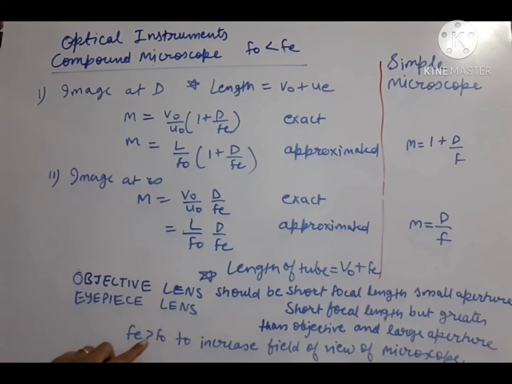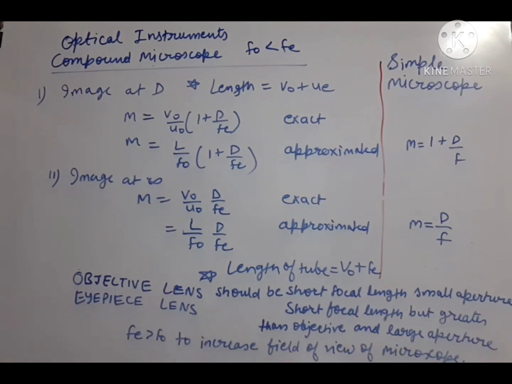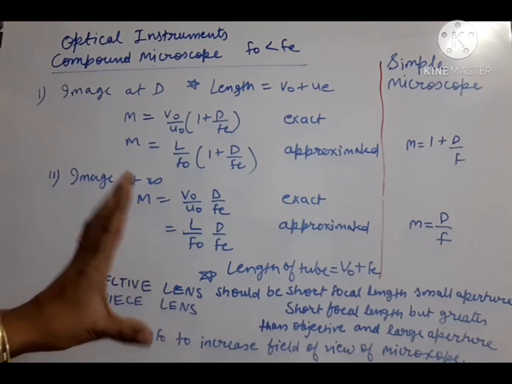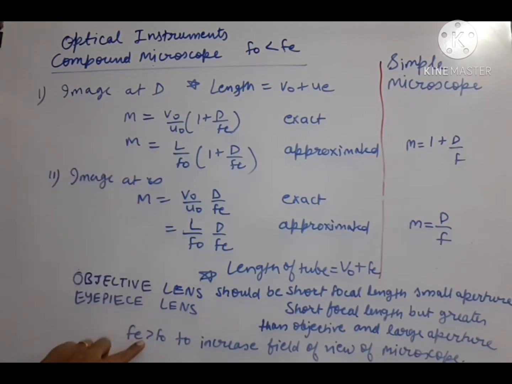Okay, so why FE is kept greater than FO? Its answer is to increase the field of view of microscope. Okay, eyepiece lens is only seeing the image. So to see that image field, the aperture of this eyepiece lens should be greater. So these 3 points you should remember. Point number 1, point number 2 and point number 3. Okay.